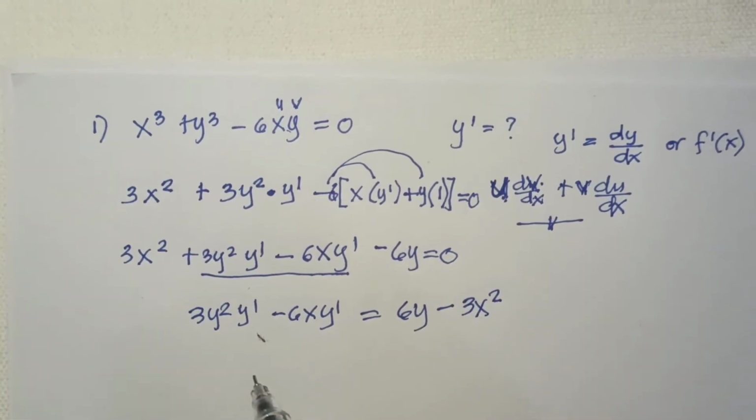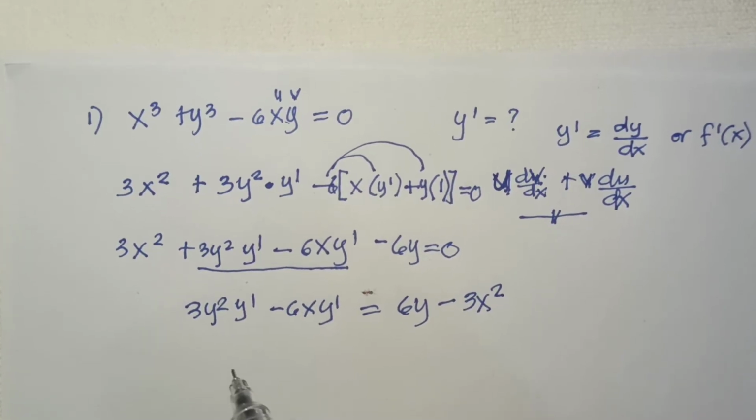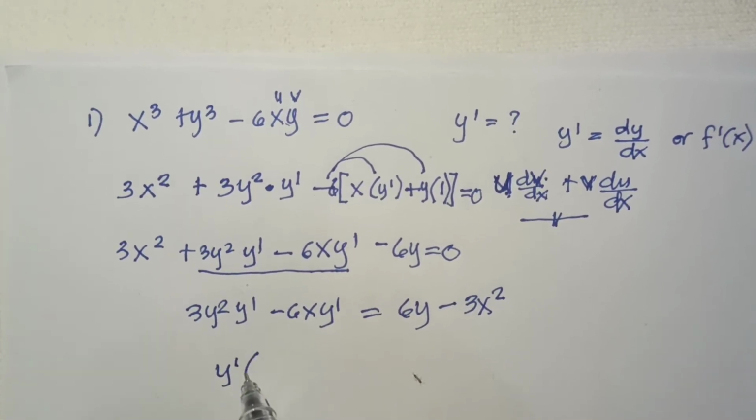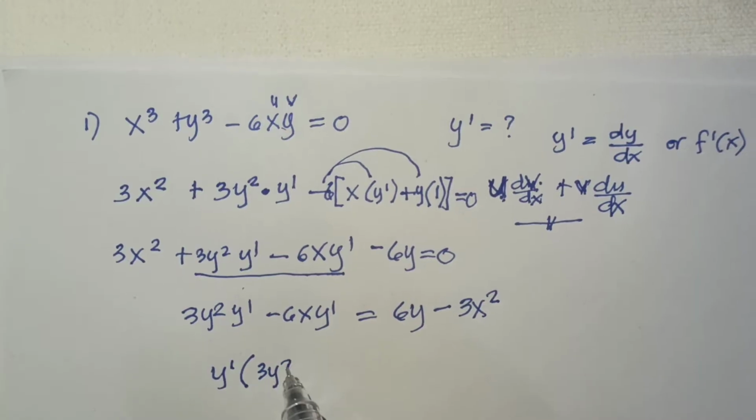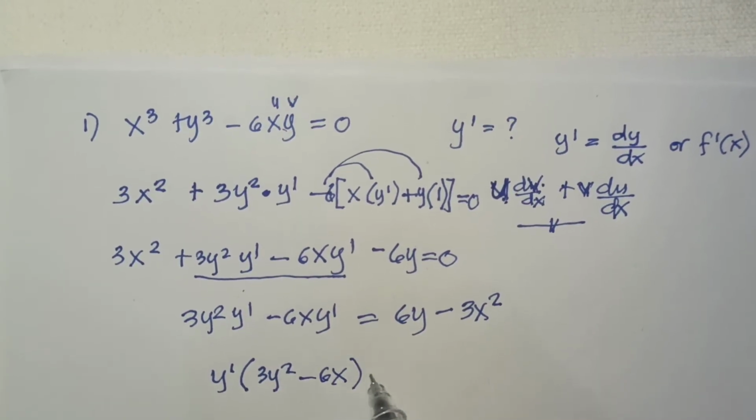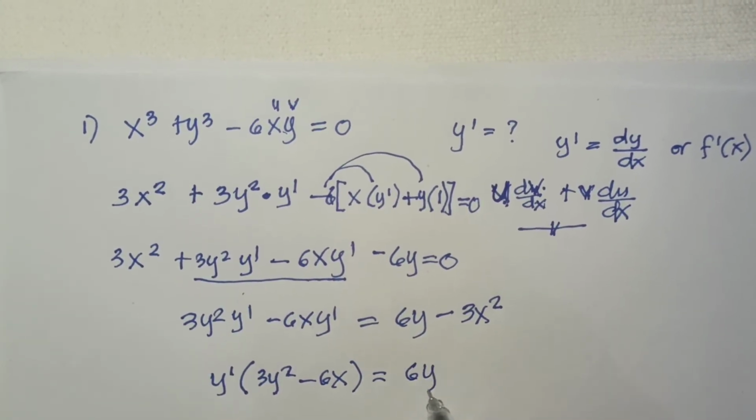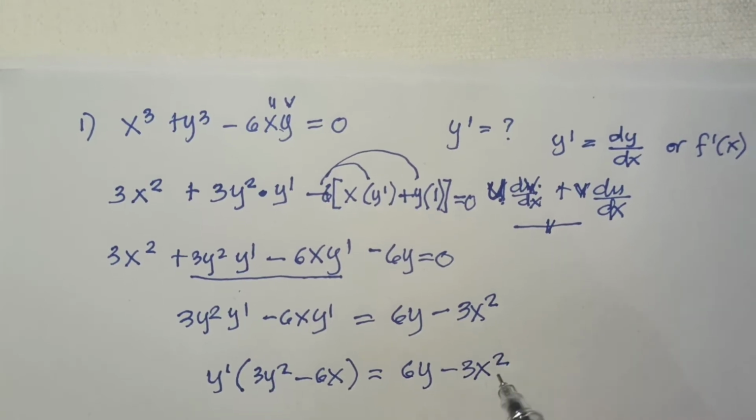Now we have to factor so we can isolate y prime. So we have y prime times 3y squared minus 6x is equal to 6y minus 3x squared.